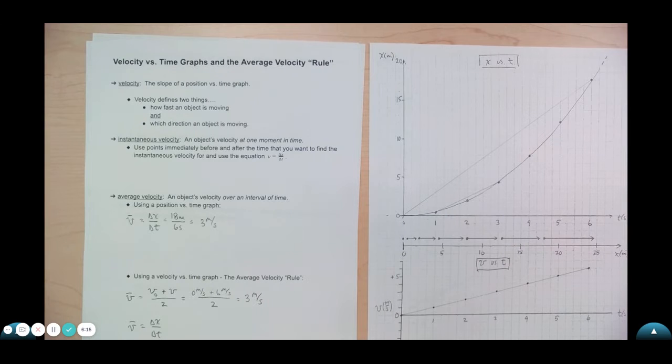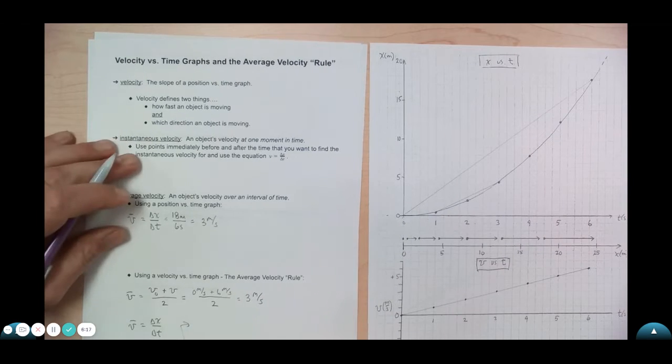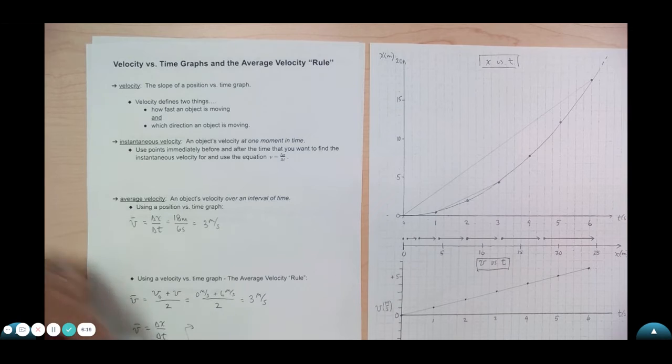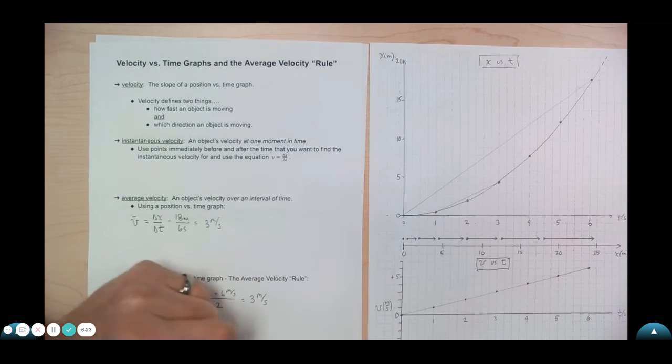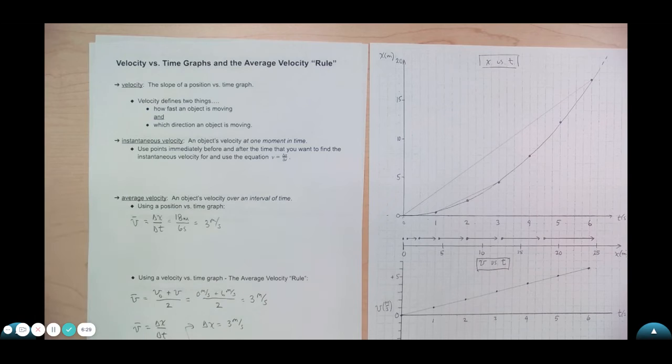So let's look at how this would work. Let's see if it returns the right value for displacement. My average velocity, v bar, we just said is 3 meters per second. And the time, this was a 6-second time interval.